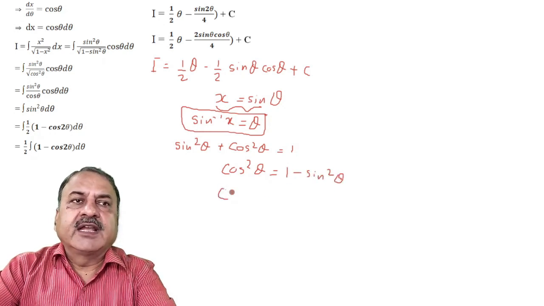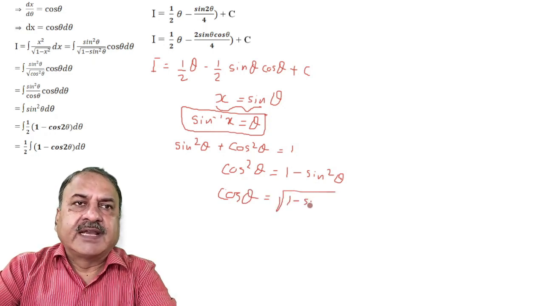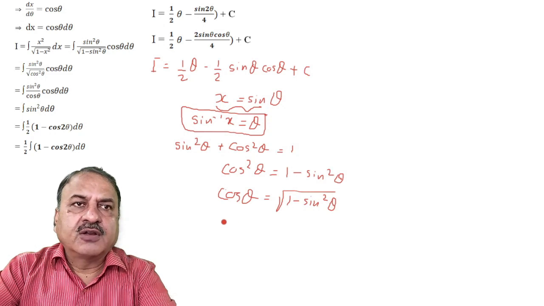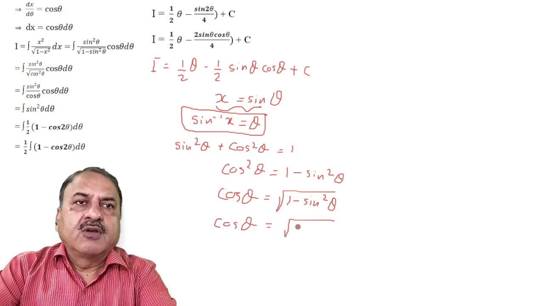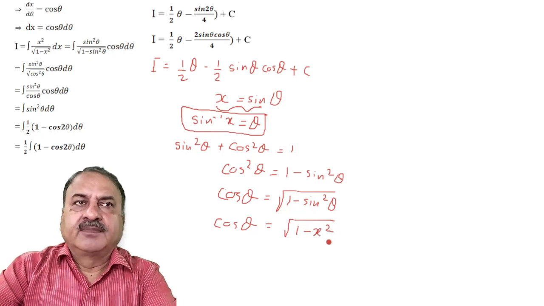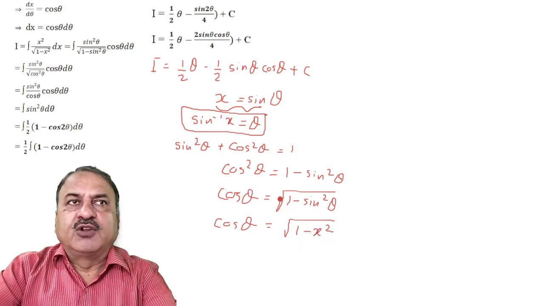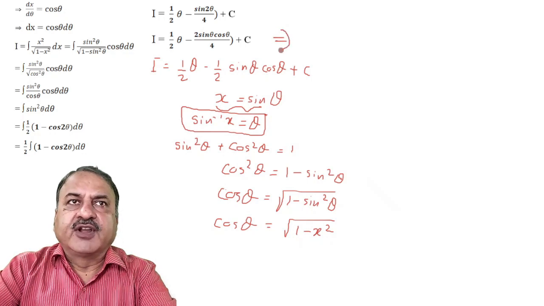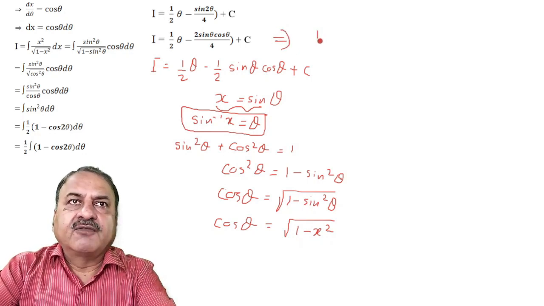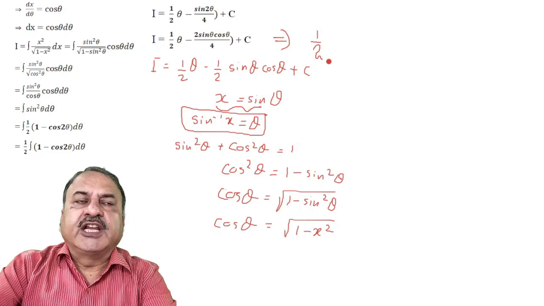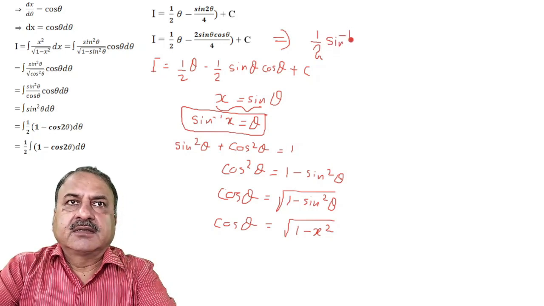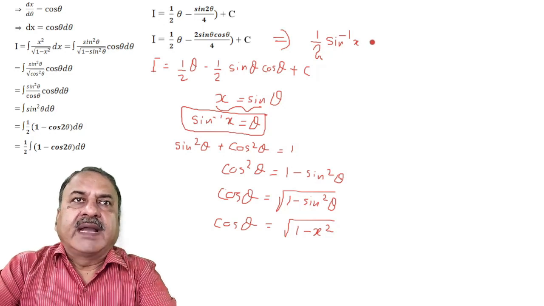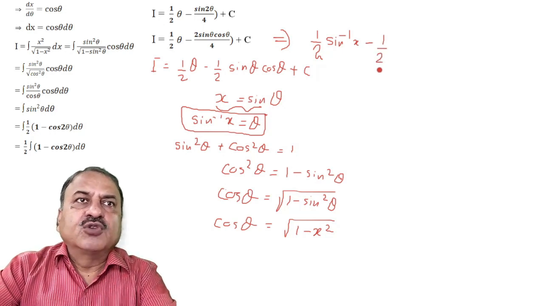So we can say cos theta equal to under root 1 minus sine square theta, or cos theta equal to under root 1 minus x square. We have to plug in these values into our integration. So we get half into theta. Theta is sine inverse x, minus half into sine theta.